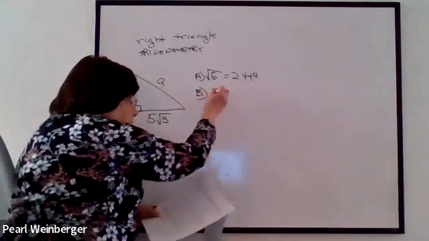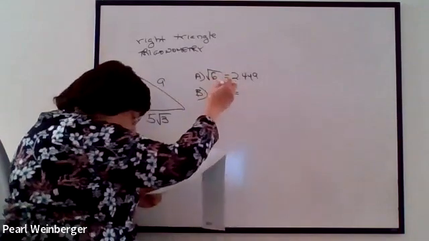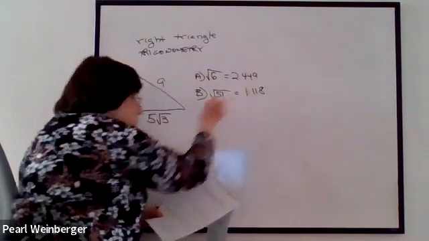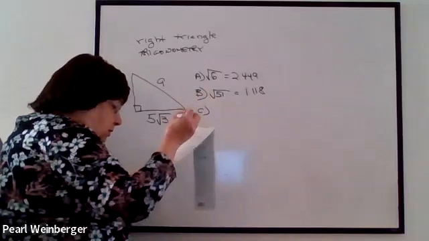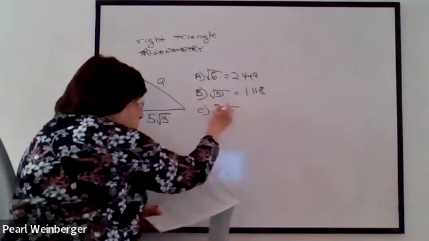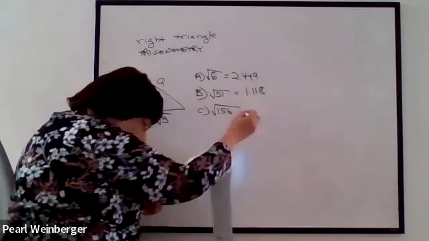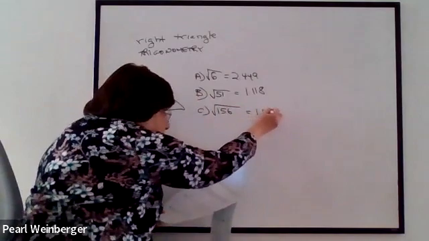The next answer they give is the square root of 41, which is 1.118. Choice C is the square root of 156, which they give equal to 1.565.